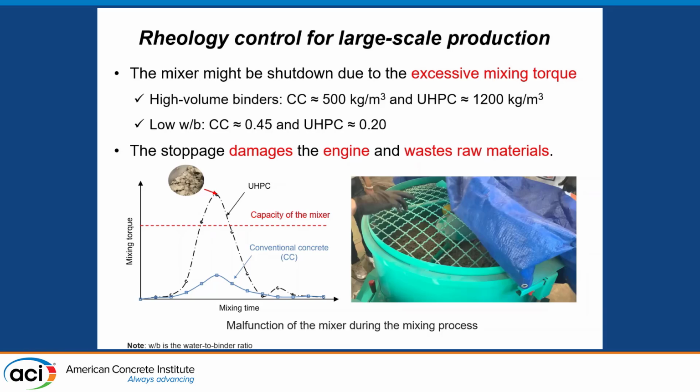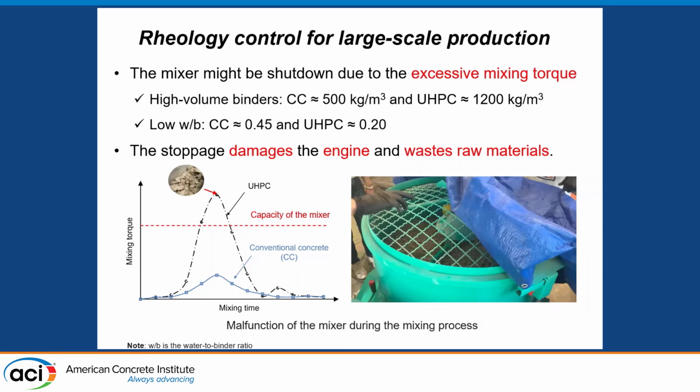So the last application I want to talk about for rheology control is for large-scale production. For UHPC, especially if you want to mix a large volume, it's not easy, especially if you just have a normal pan mixer, not a very high energy kind of mixer.